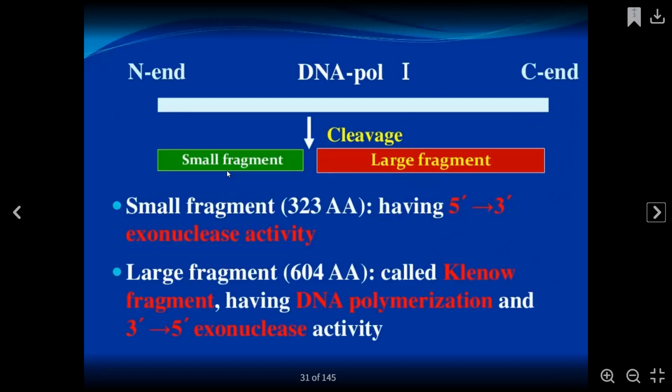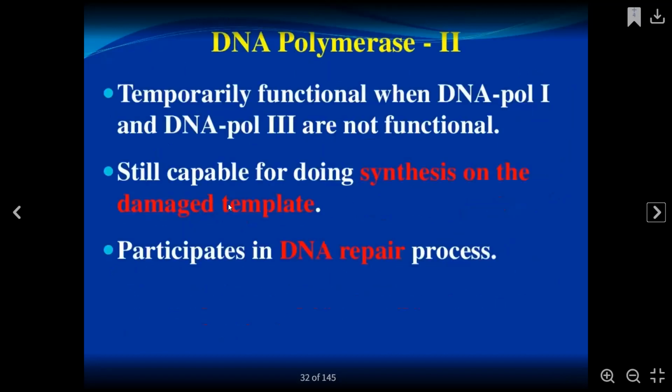That's why in my first slide I mentioned replication with DNA damage too. This DNA polymerase cleaves the sequences into small and large fragments, and it helps in exonuclease activity. We can study this further when we do the DNA damage mechanism.